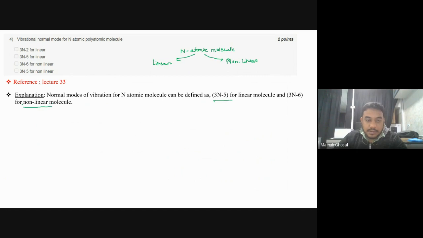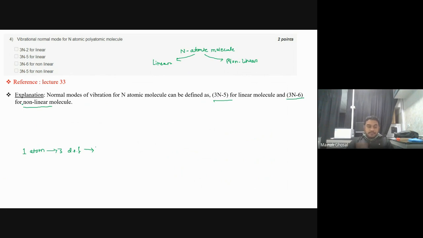For a non-linear molecule, this will be 3n minus 6. So I'm going to discuss why this is 3n minus 5 and why this is 3n minus 6. Before that, for one atom, what should be the mode of motion? 3 degrees of freedom. That means when I have one atom, I can move it in the x direction, the y direction, or the z direction.